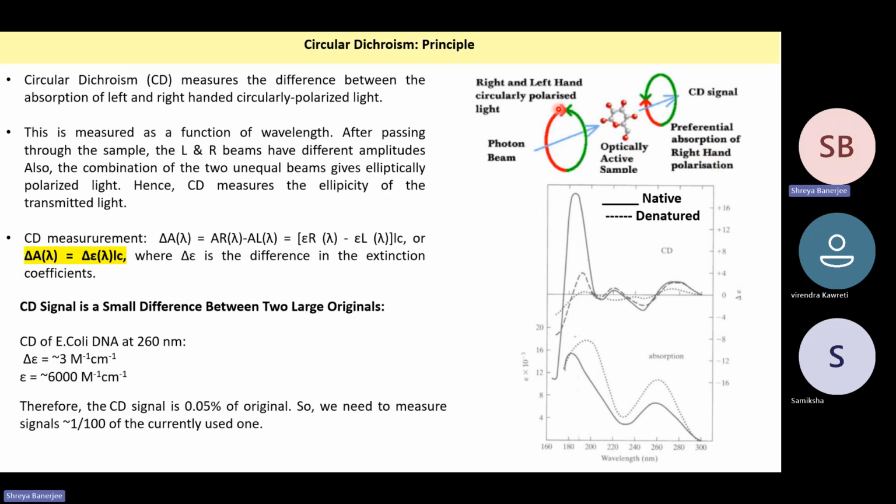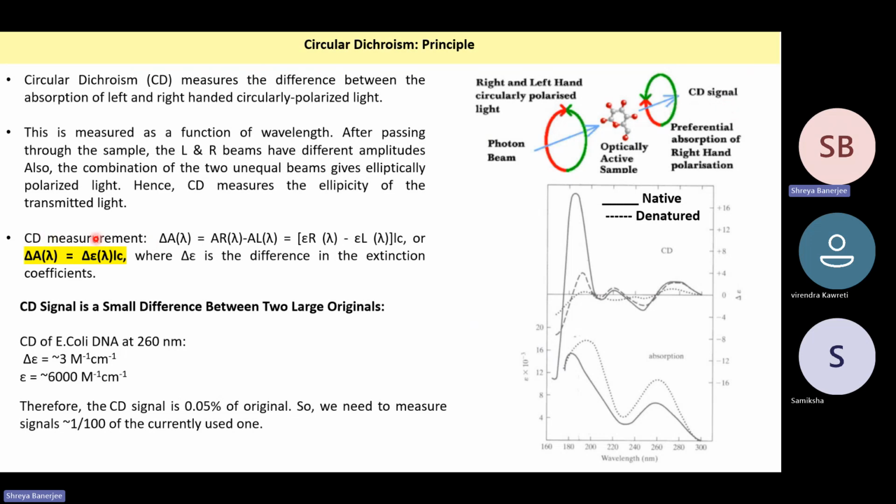So the red is being absorbed, the magnitude of red is decreasing and the magnitude of green is increasing. Initially, the difference between left and right was 0 because both were there in equal magnitude. After passing through the optically active sample, if you again take the difference between left and right, it will give a certain value, and that is basically what causes the signal in CD spectroscopy.